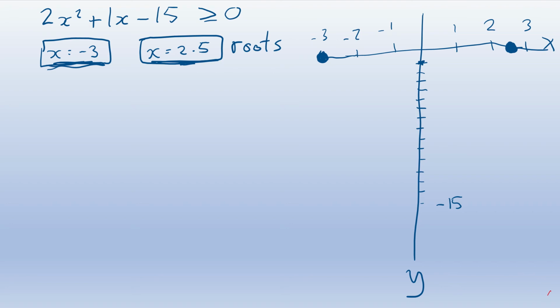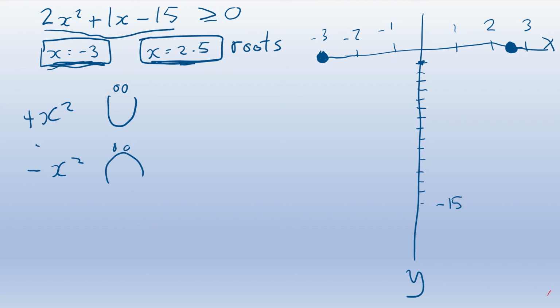I also know the shape of the graph just from looking at this quadratic. We know that if the quadratic has a positive x squared, it's going to be a U shape or a smiley face, if you want to remember it that way. A positive x squared will give you a smiley face, and the opposite of that, a negative x squared, will give you a frowny face.